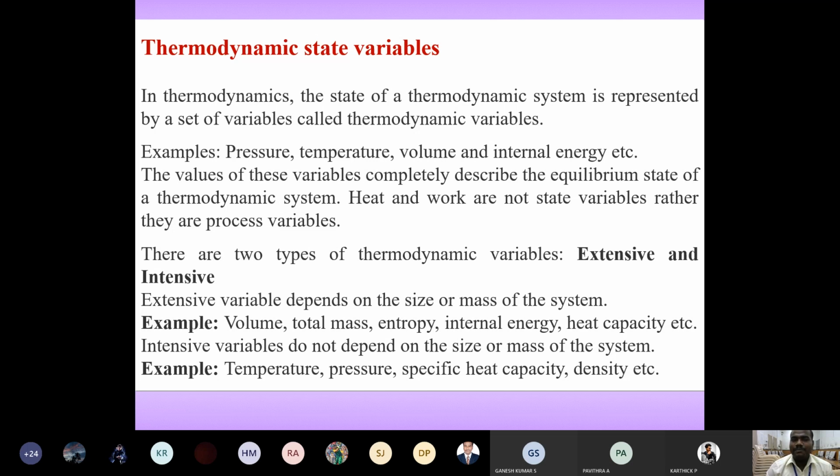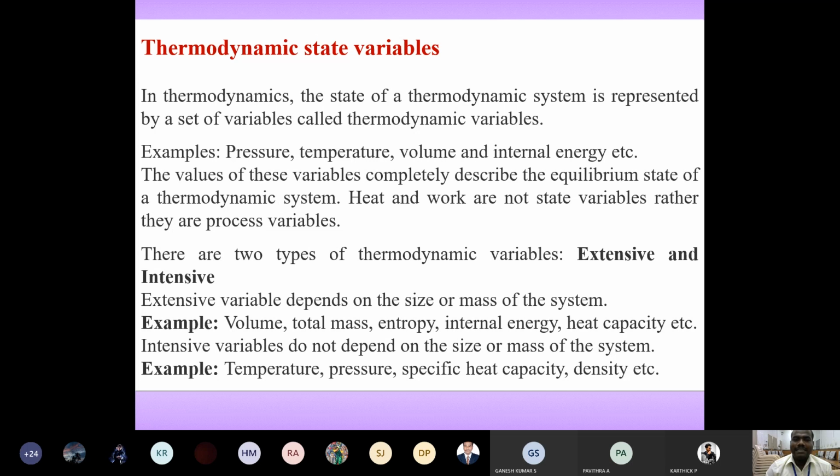So this is independent of mass, and we call temperature an intensive property. In the extensive case, if we measure the volume of piece 1 and piece 2, piece 1 will have half of the volume and piece 2 will have half of the volume. So there is a dependence on mass, and this property is called an extensive variable.